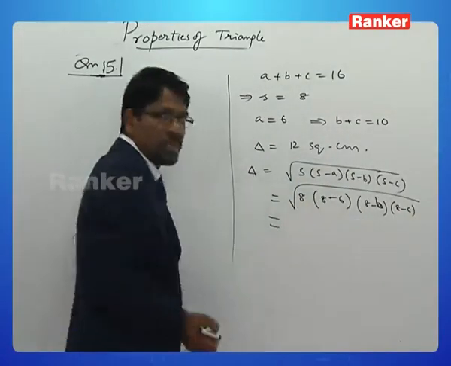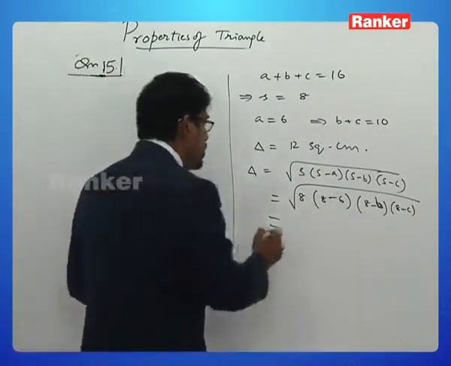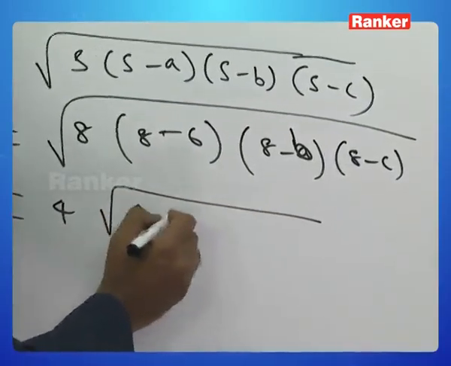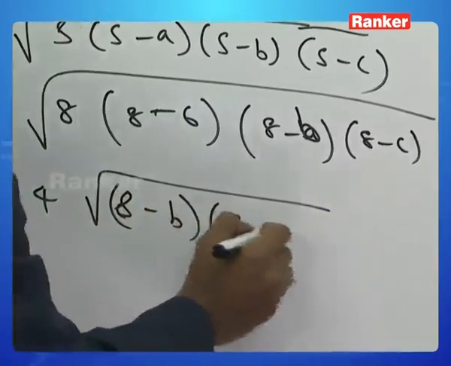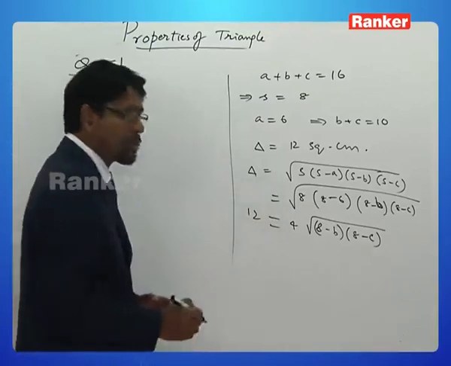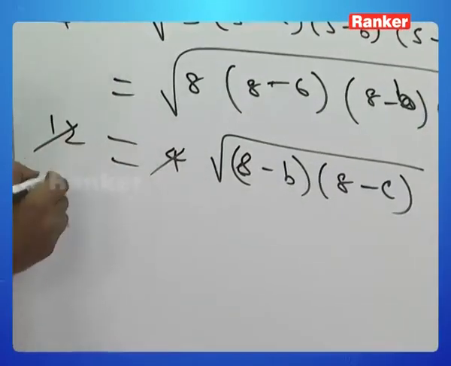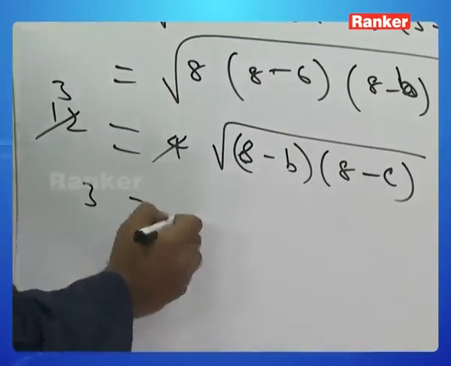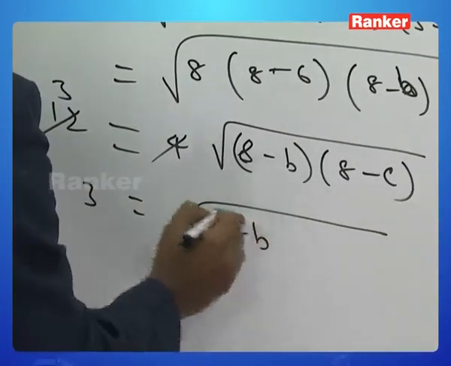That is 8 into 2, 16. Pull it out of the square root, we have 4 into root over (8 minus b) into (8 minus c). That's our delta, which is equal to 12 square units. 12 will cancel out the 4 factor, so we'll have 3 equal to root over (8 minus b) into (8 minus c).